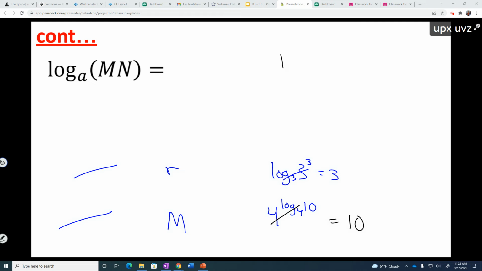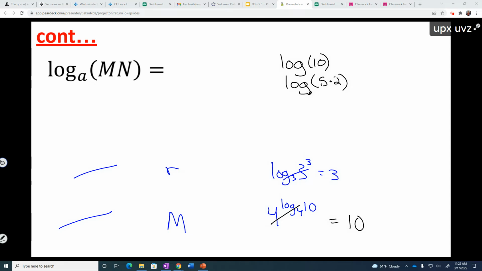I'm going to say log of 10. That's the same thing as if I said log of, let's say, 5 times 2. It's the same thing, right? Log of 5 times 2.